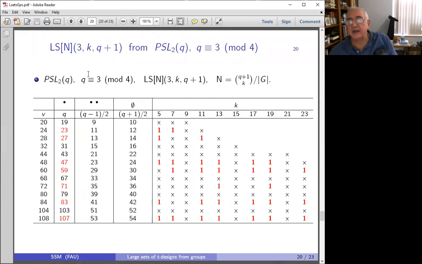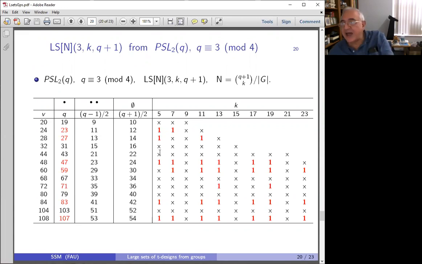Because we have Q, and we have (Q minus 1) over 2 and (Q plus 1) over 2 and Q. So 3 divides the order of the group and 2 divides the order of the group always. Therefore, there will be elements of order 2 and elements of order 3. But now an element of order 2 either fixes points or it doesn't. But in any case, in the worst case, it fixes 2 points.